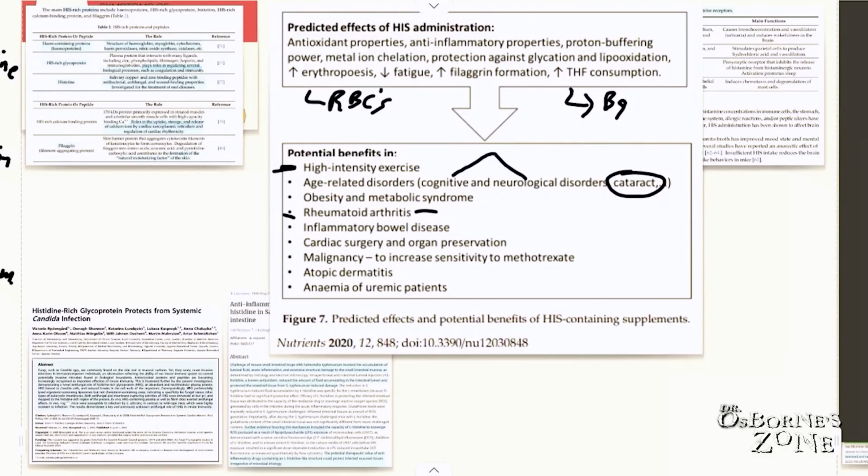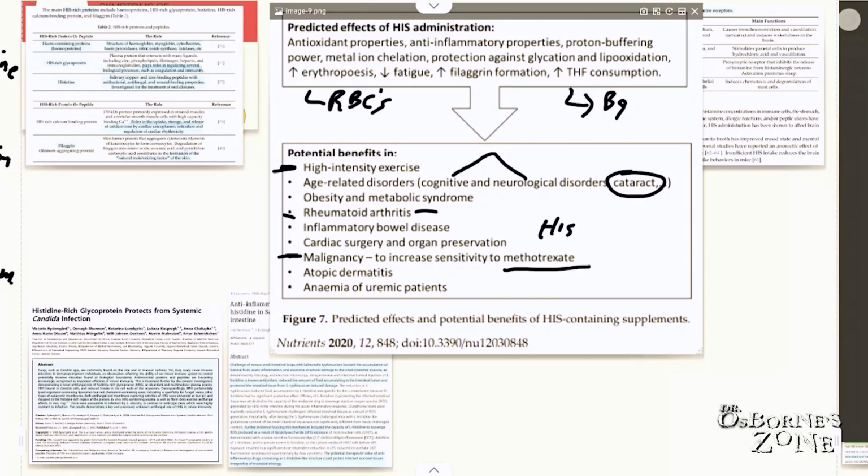Malignancy, and this is not necessarily for everyone, but for those of you with cancer that maybe are taking methotrexate, what they've found is that histidine helps methotrexate work better. Not that I'm a fan of that particular medication or the traditional methods of how cancer is being treated, but again, it's information for those of you who are maybe taking that medication.